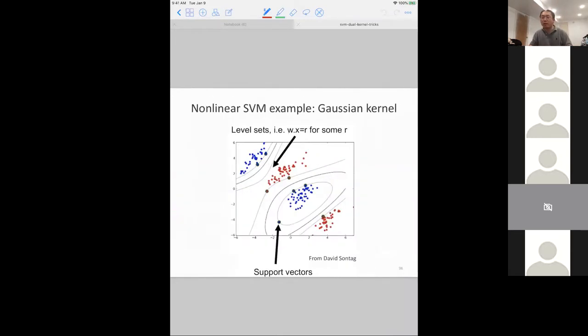Let us look at a concrete example, right? Here we have this training set, with blue points, say positive, and red points negative. They are not linearly separable in the two-dimensional space. So we apply a Gaussian kernel, which is equivalent to first transforming those two-dimensional input vectors to infinite dimensional feature vectors, then training a linear classifier in this infinite dimensional space.